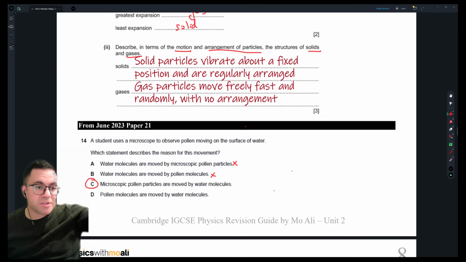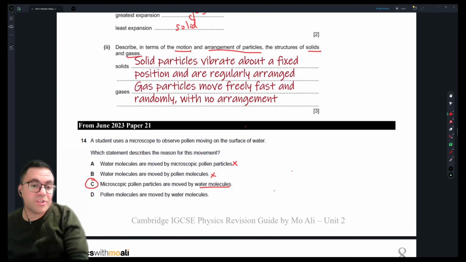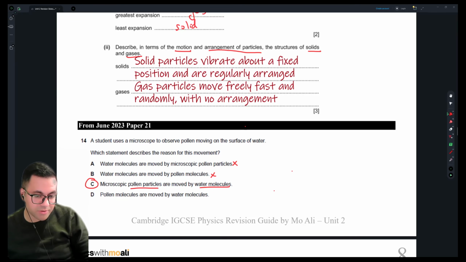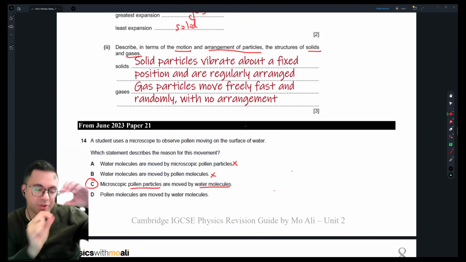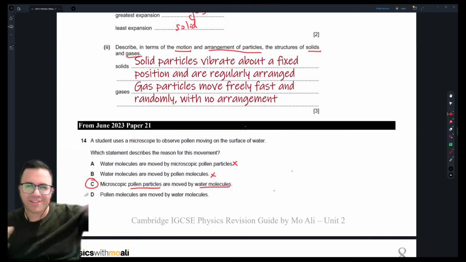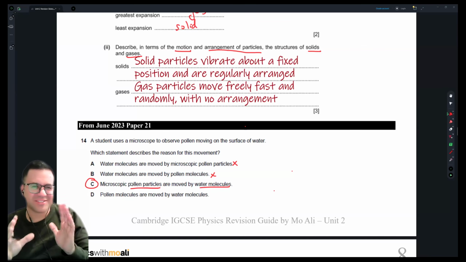No, it's not because the small particles hit the big. Keep in mind, the water molecules are even smaller than the pollen particles, right? But the first key part is particle versus molecule. Usually particles are used for things that are bigger than molecules. Molecules are smaller. Usually. That distinction isn't always fixed, however.